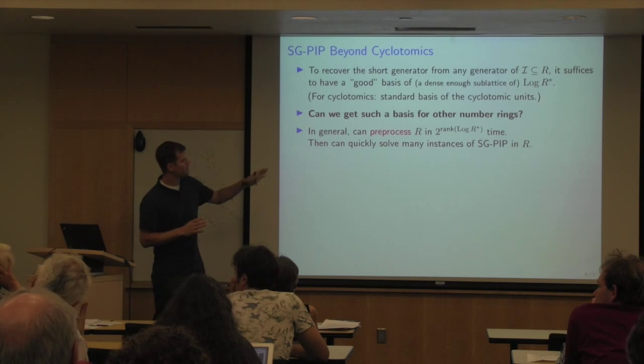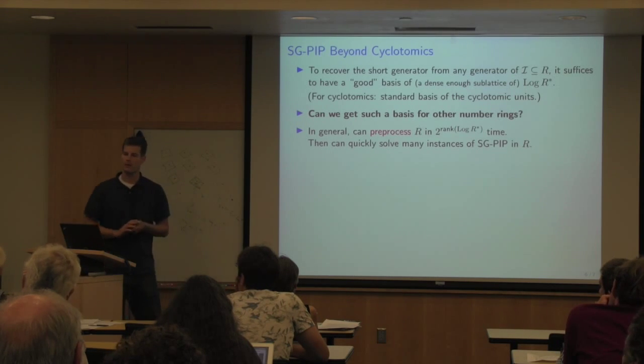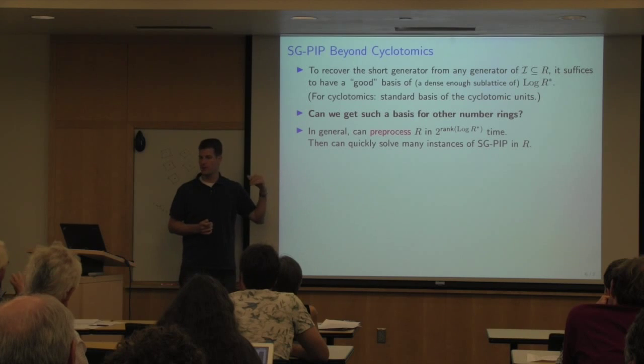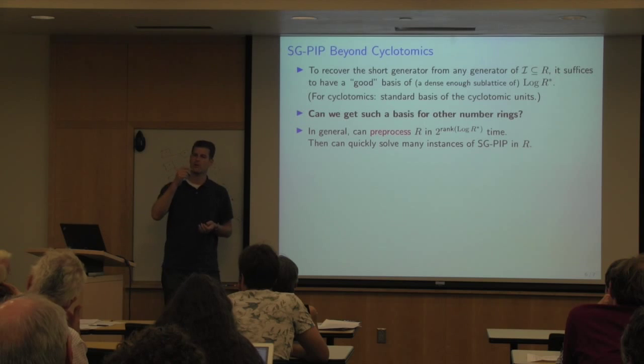This will take roughly 2 to the rank of the log unit lattice time. Which part? Oh, finding the unit group will be sub-exponential typically, but making it a good basis would, in general, be the slowest part, because it's exponential in the rank of the lattice. Was there a question?